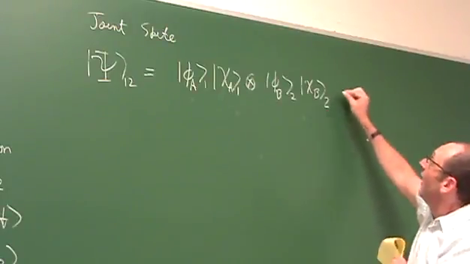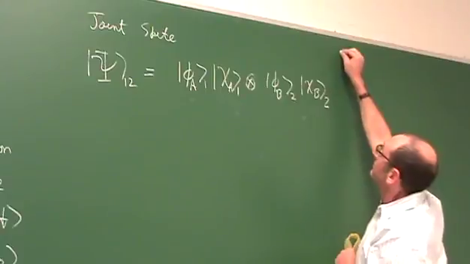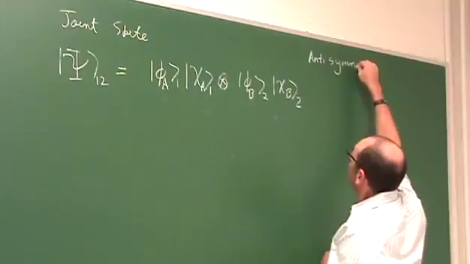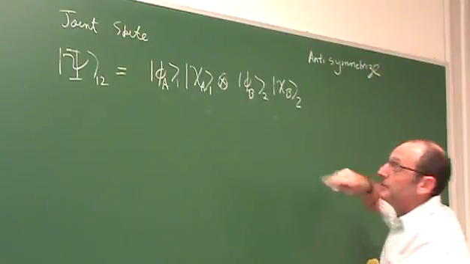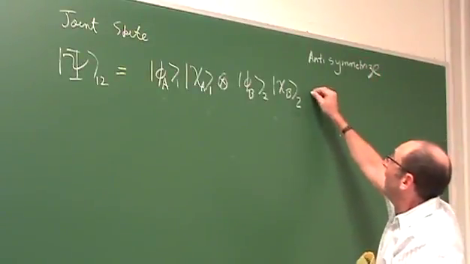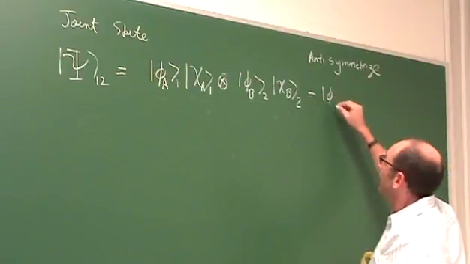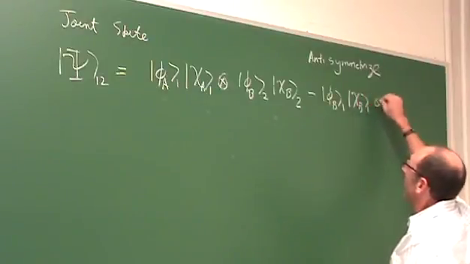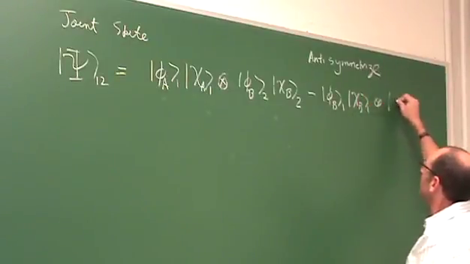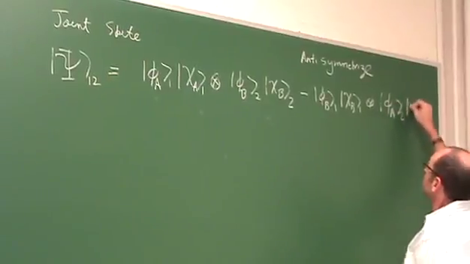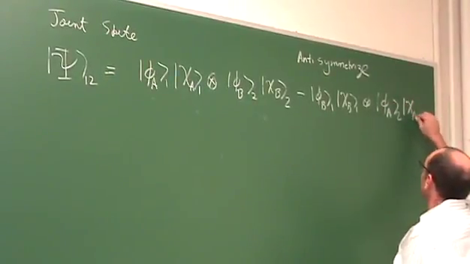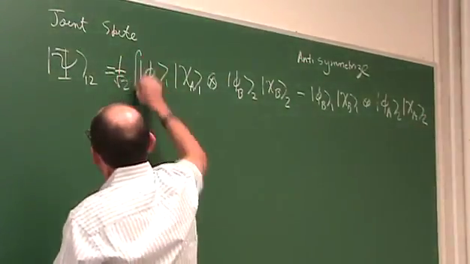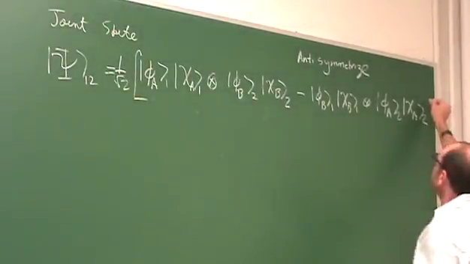So I have to antisymmetrize, which means I have to put electron 1 into state B and electron 2 into state A, because it has to be antisymmetric with respect to exchange of the degrees of freedom.